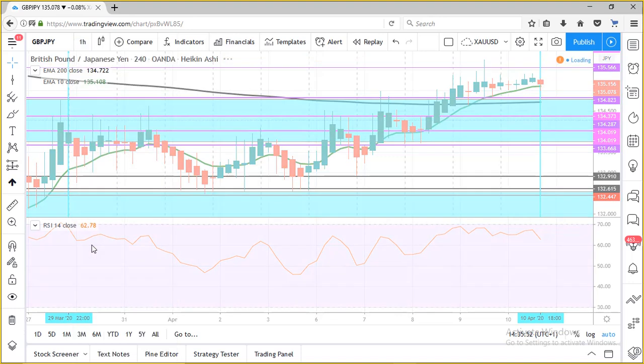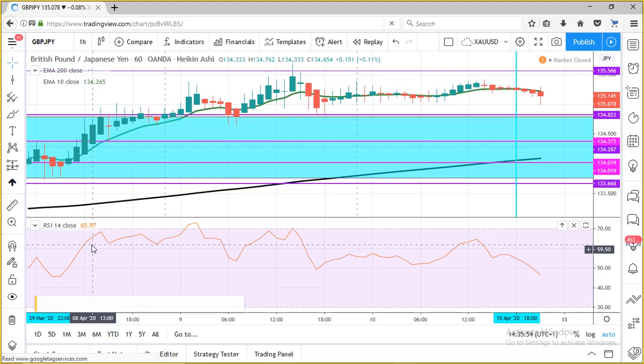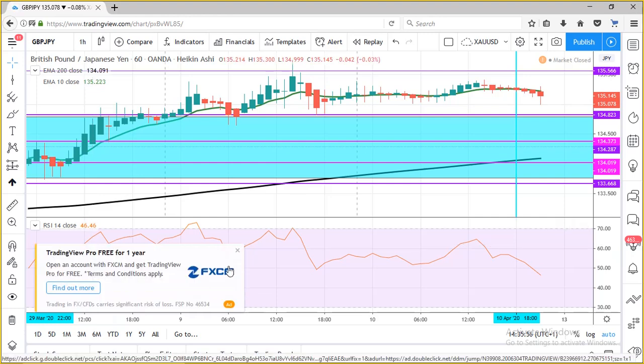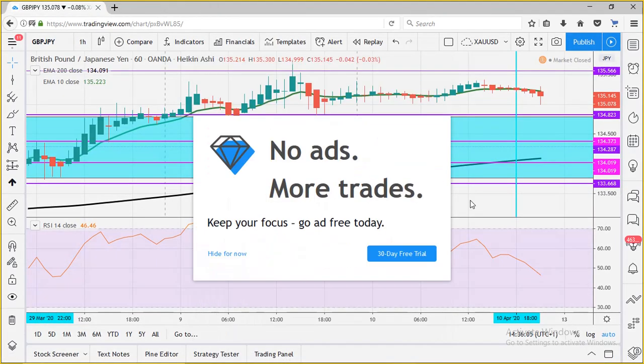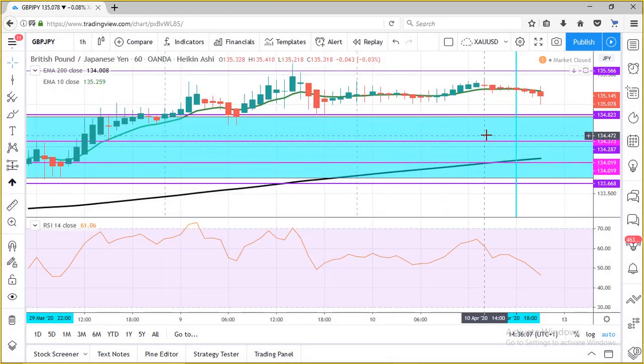Let me use 1 hour before 30 minutes. So far, what we have here is a sell on 1 hour, and from here to here is more of consolidation.